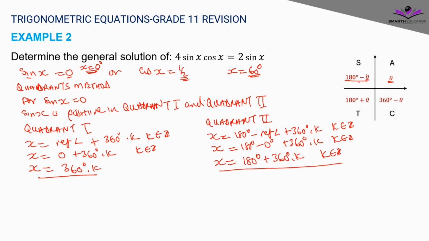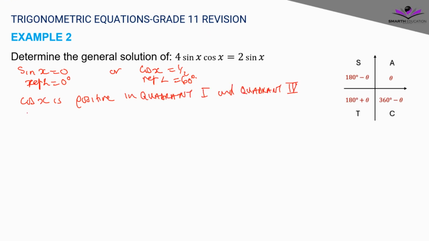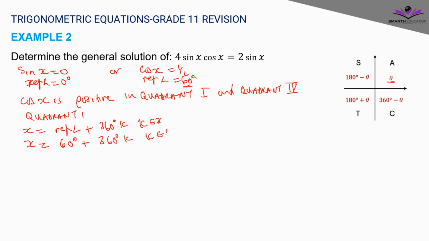Now let's do cos x. Our reference angle here is 60 degrees. Cos x is positive in quadrant 1 and quadrant 4. In quadrant 1, x is equal to our reference angle plus 360 degrees times k, where k is an integer. So x is equal to 60 degrees plus 360 degrees times k, where k is an integer.